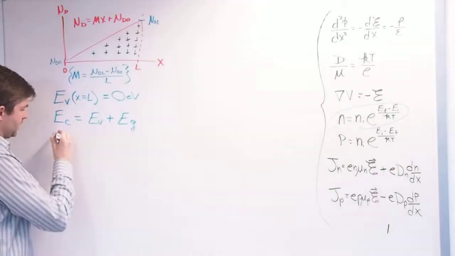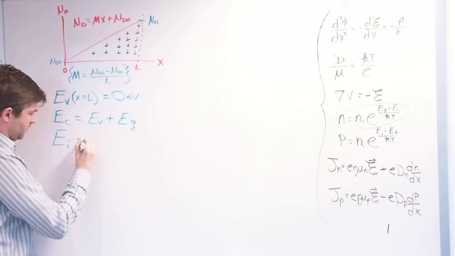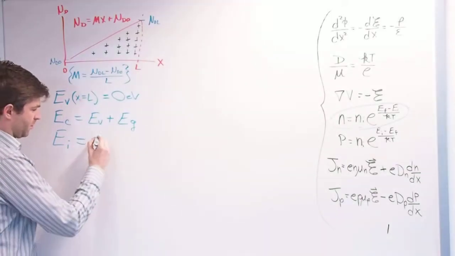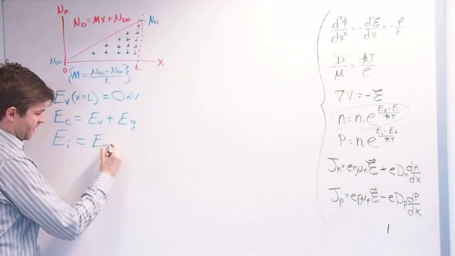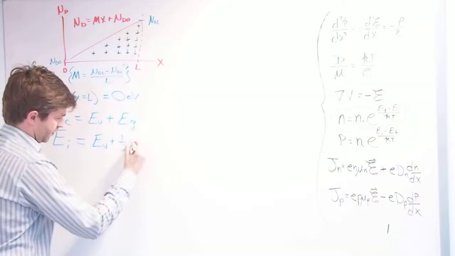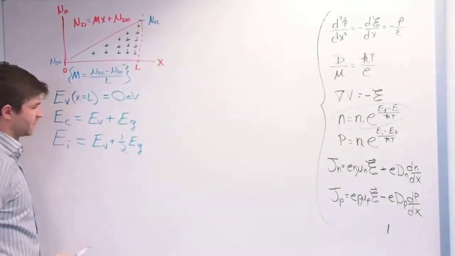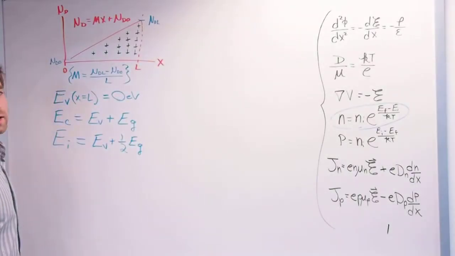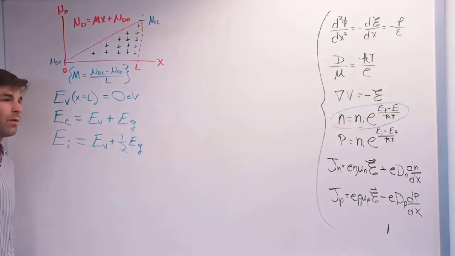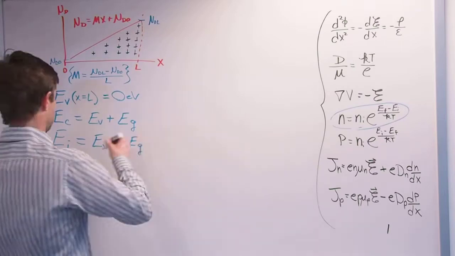And similarly, EI is equal to EV plus 1/2 EG. But we want to prove this relationship mathematically. We want to prove that that curve is true mathematically. So let me write these guys over here.